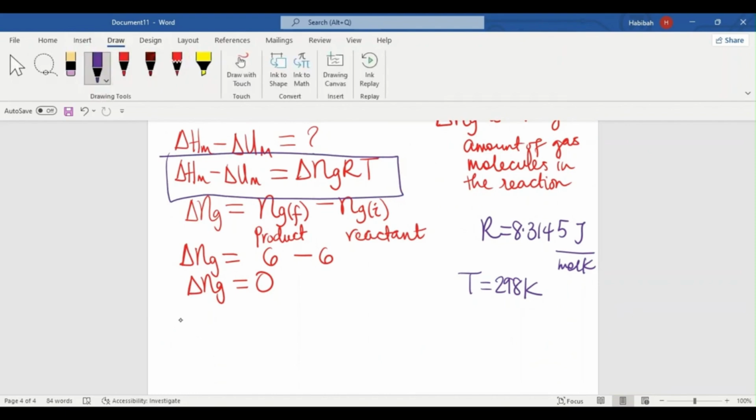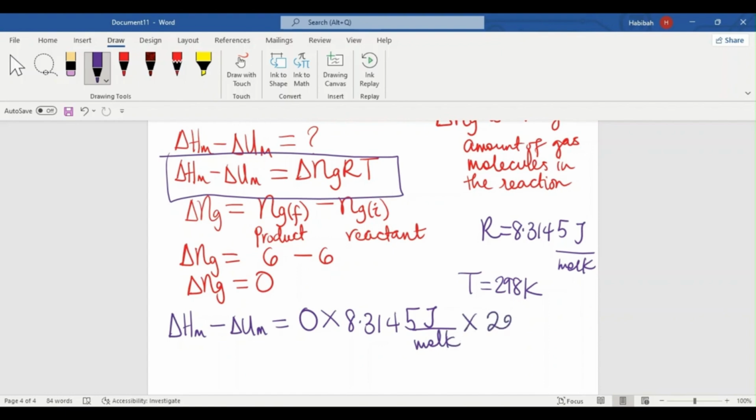We end up with change in H of M minus change in U of M equals 0, the change in number of gas molecules, times R, 8.3145 joule per mole Kelvin, times the temperature, which is 298 Kelvin. When you multiply everything, the change in H of M minus the change in U of M equals 0. So this is basically the answer.